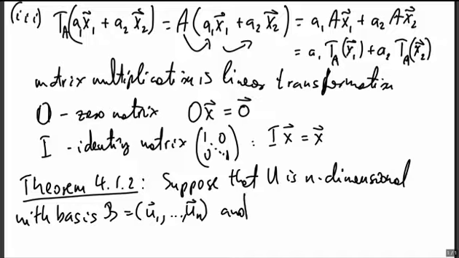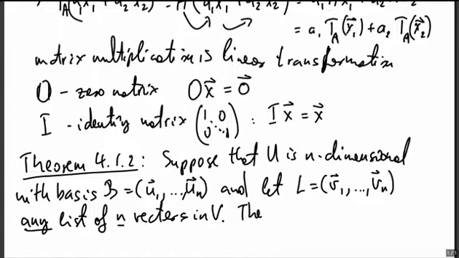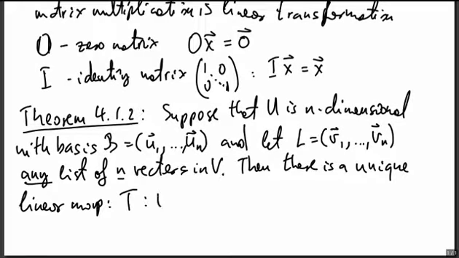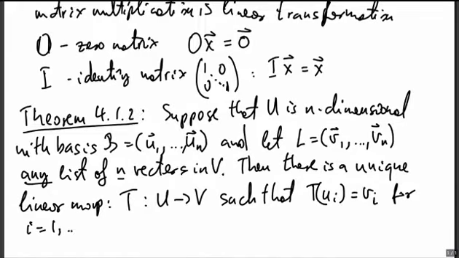And let L be a list of vectors v1, ..., vn, any list of n vectors of V. Then there is a unique linear map T mapping from U into V such that T of ui equals vi for i going from 1 to n.